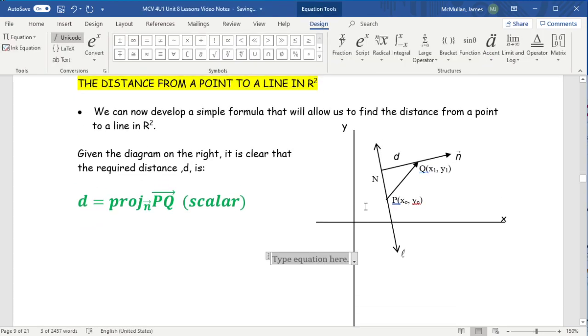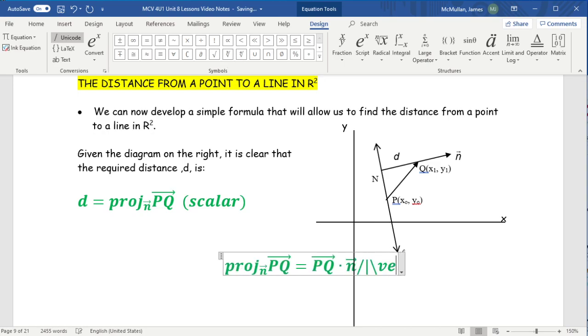So what is the projection of PQ onto N, right? Remember how to get the projection? I'm going to have to copy this. This is a big pain to type. The projection of PQ onto N is PQ, you dot product them, right?